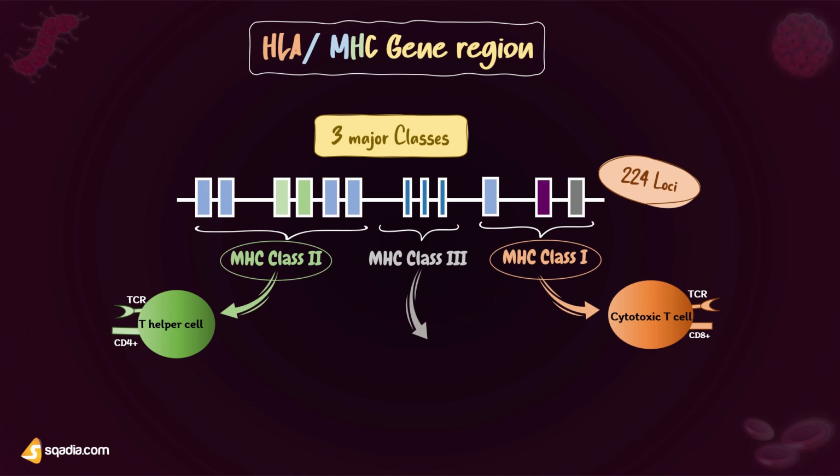On the other hand, Class III MHC genes encode complement proteins and cytokine molecules, but are not directly involved in antigen presentation. Also, the main action of MHC Class III is still unknown, and thus, it is not very popular.